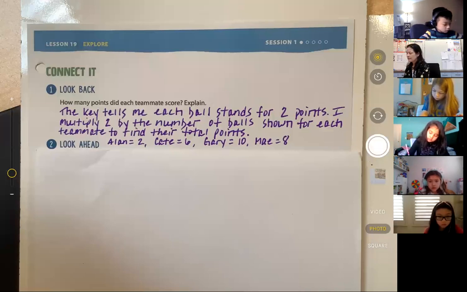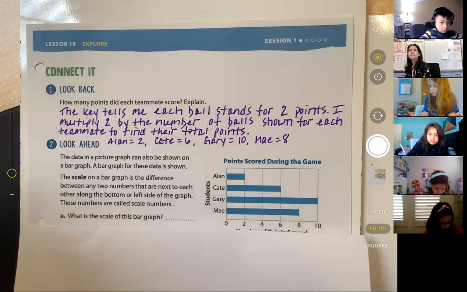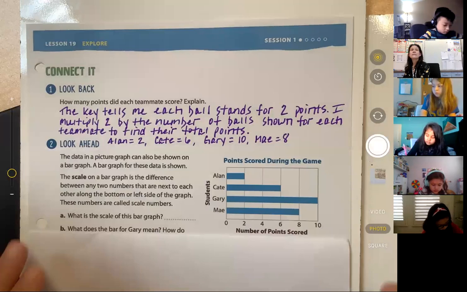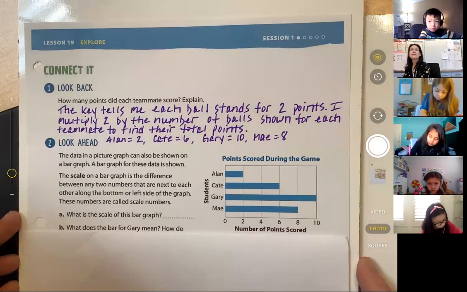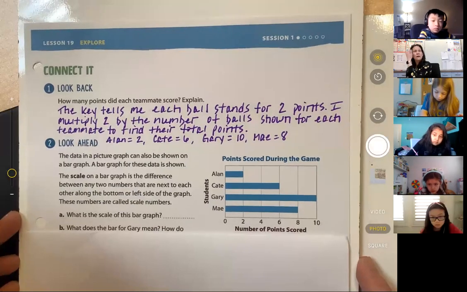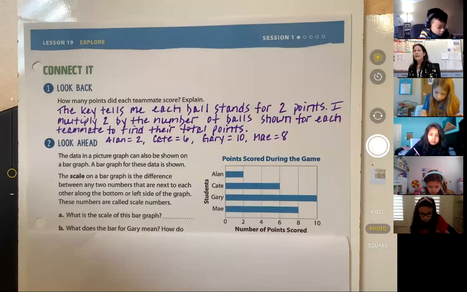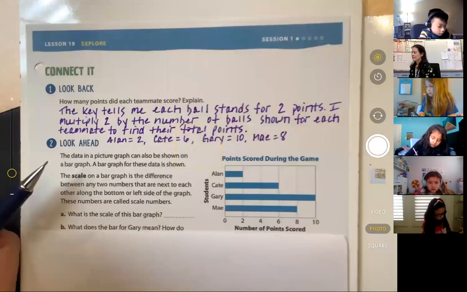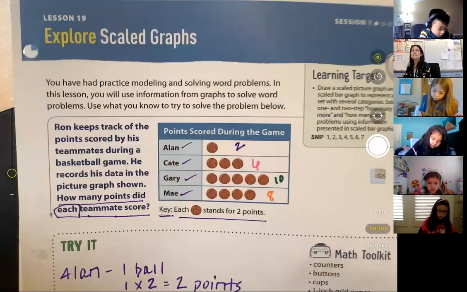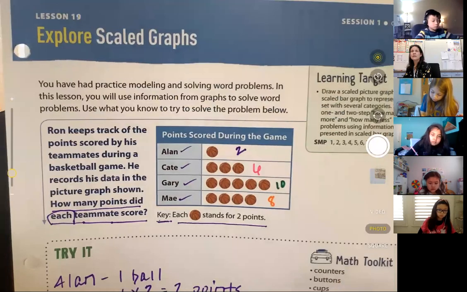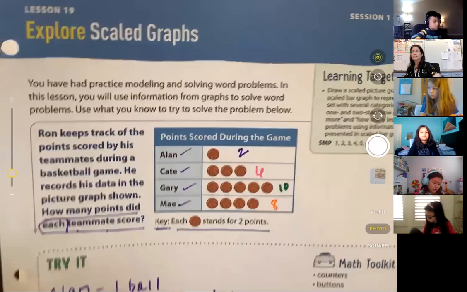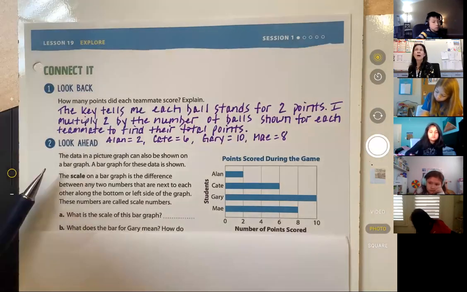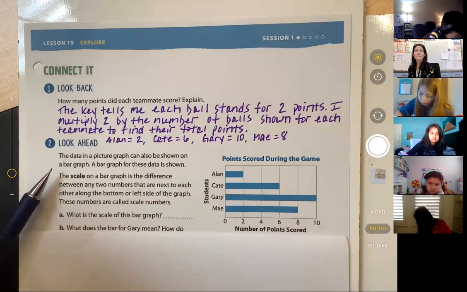All right, friends. Let's take a look again at this different looking graph. I want you to follow along with me. The data in a picture graph, again, our picture graph here, right with the balls, can also be shown on what we call a bar graph.